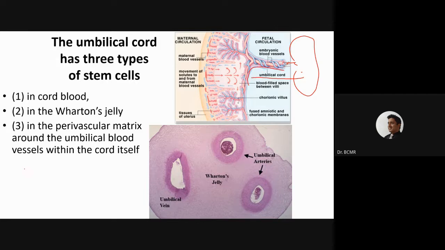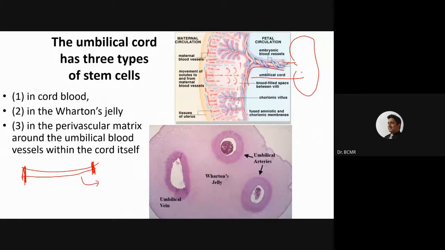Upon C-section or so, the umbilical cord is collected and they clip both sides so that the blood in the umbilical cord remains as such. This is transported to the clinic, or sometimes the hospital itself, where the blood is drawn and some stem cells are isolated from there.